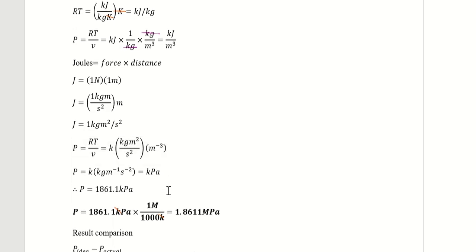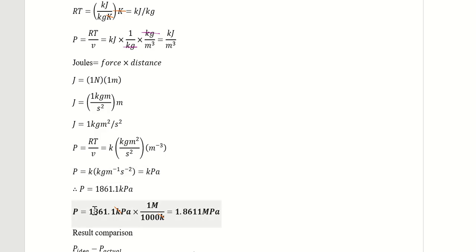There's a 2 here and a -3, so this reduces to -1. So we get kilogram per meter per second squared. So this is literally kilopascals. That's how we arrive at the kilopascals.